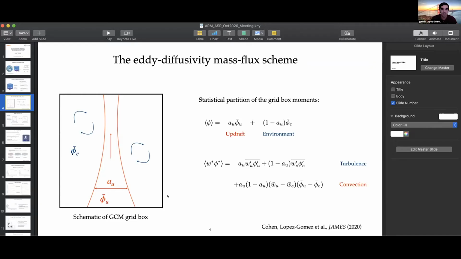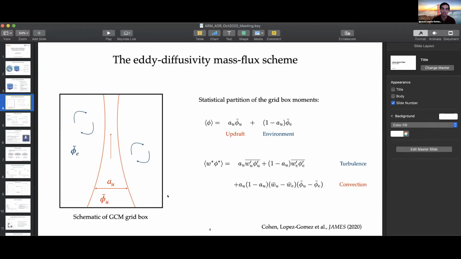Now, if we take this picture into the statistical moments of any variable phi in the grid box, we can see that we can subdivide this grid mean into subdomain means of the same variable. But what's interesting is that now if we consider the higher order moments, in particular here I'm considering a covariance or vertical flux of phi, we not only obtain a weighted mean between the covariances in each of the subdomains, but we also obtain a term that depends on the difference between the subdomain mean terms in each of the subdomains.